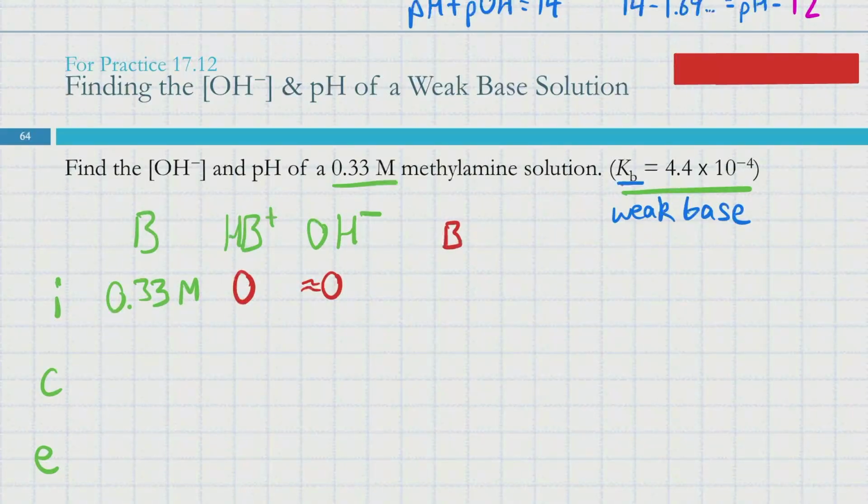Our equilibrium, I'll include the water. Our equilibrium is going to look something like this: HB plus and OH minus. Keeping in mind that water is a liquid, it won't show up in our Kb expression.